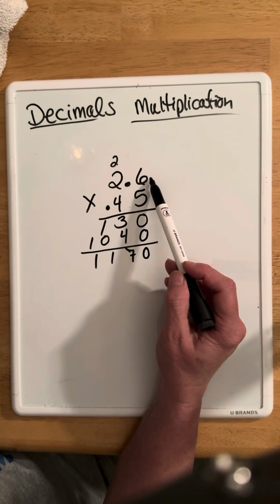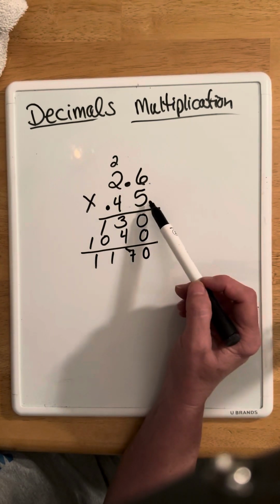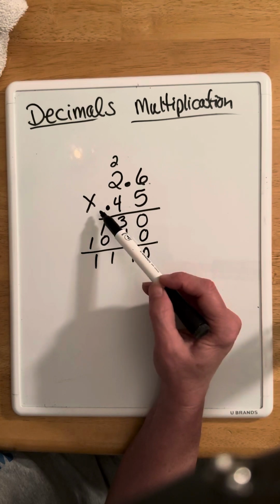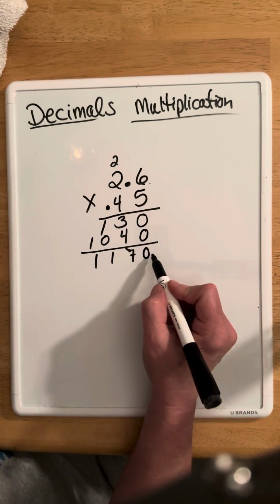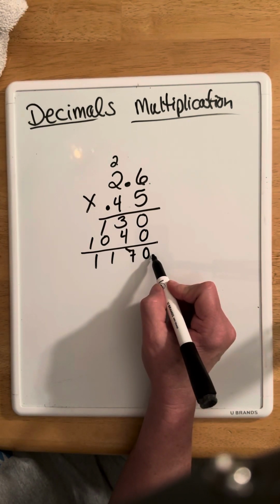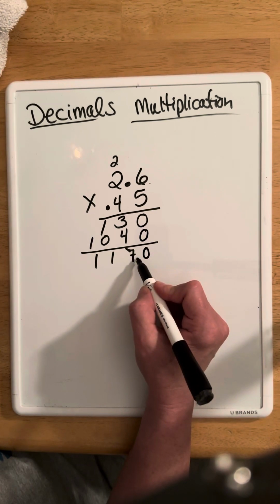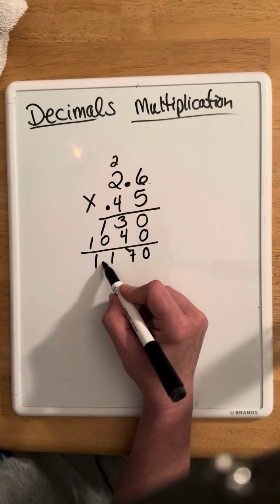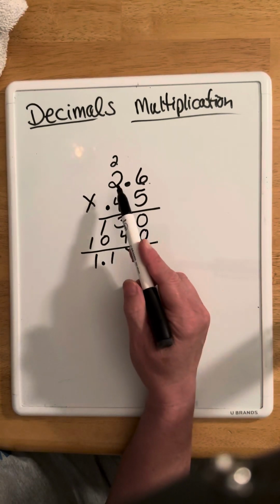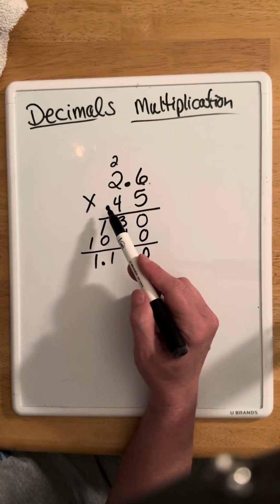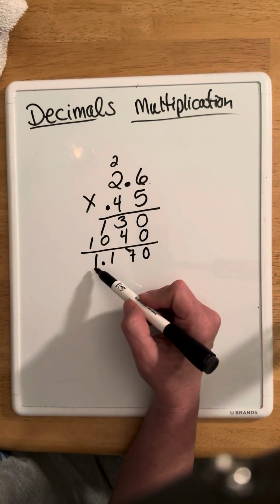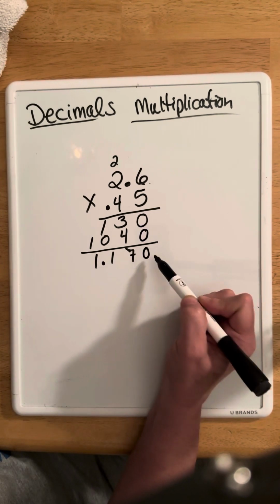So we'll say 1 skip, 2 skip, 3 skip. So we have to skip over 3 positions in our numbers. 1, 2, 3. That's where our decimal goes. And so 2.6 times 0.45 equals 1.170.